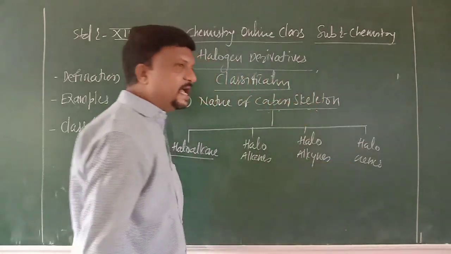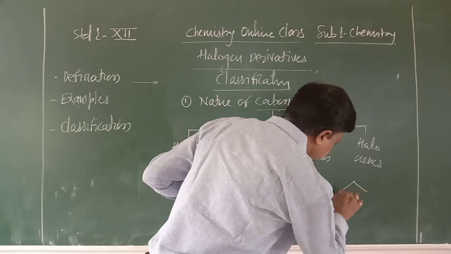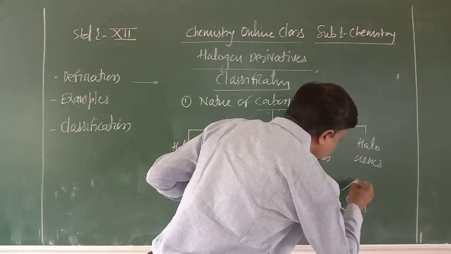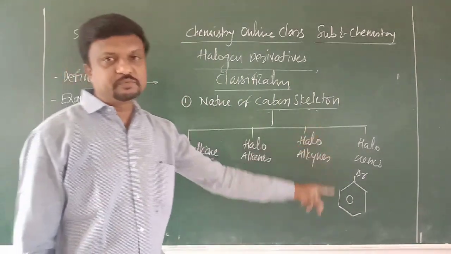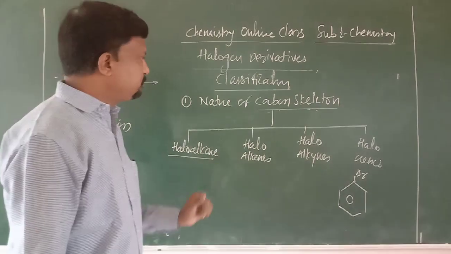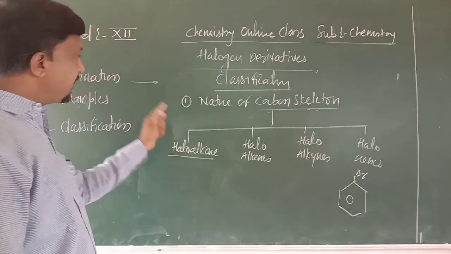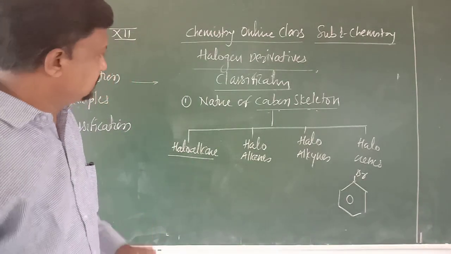So here the halogen atom is attached to the aromatic ring. Aromatic ring means a benzene ring, and if the halogen is directly attached, then that compound is said to be a haloarene. So these are the classification of halogen derivatives according to the nature of the carbon skeleton.